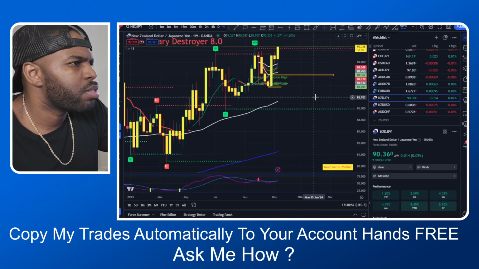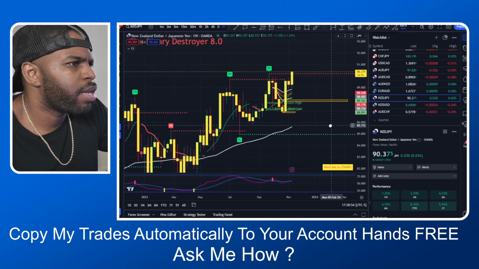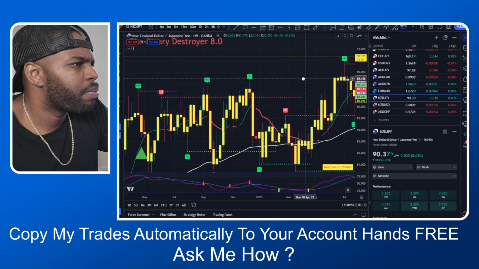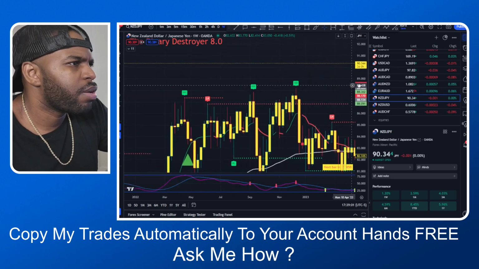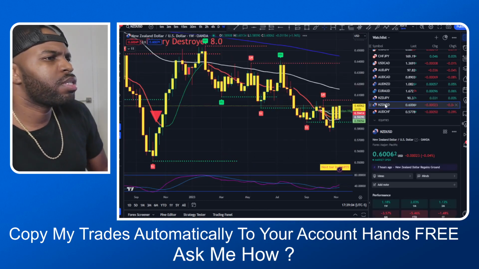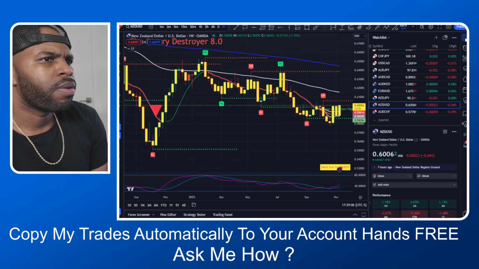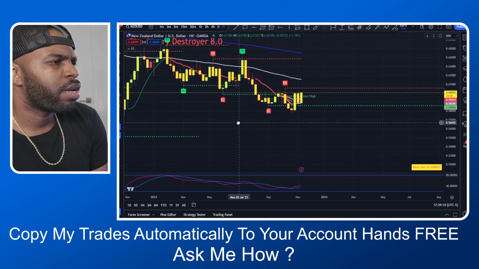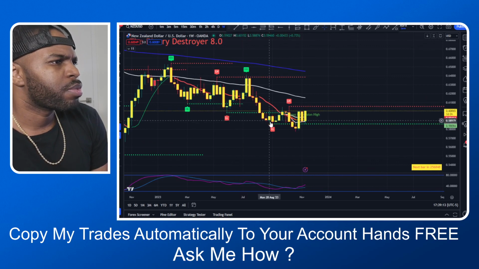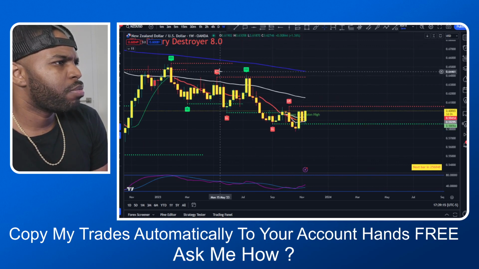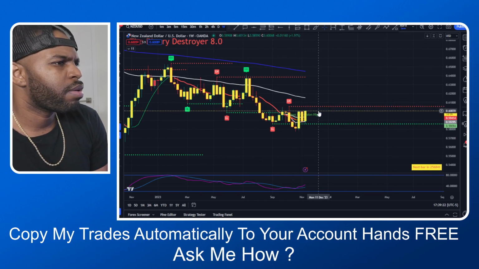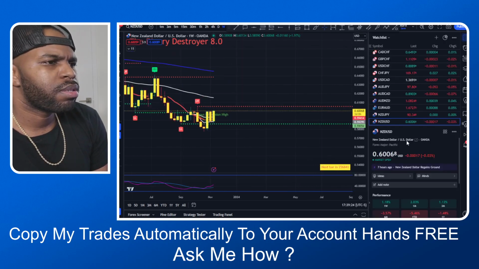Let's look at NZD JPY, right now at a higher high. Yeah, we're gonna see how that plays out. NZD USD. Right now we're creating lower lows and lower highs at the moment. Right now I think we're at a higher high. We'll pay attention to that.